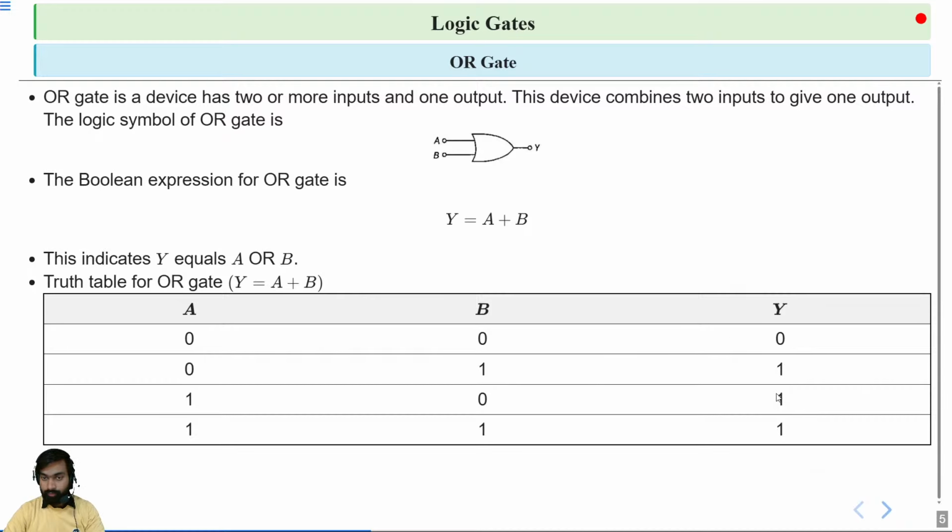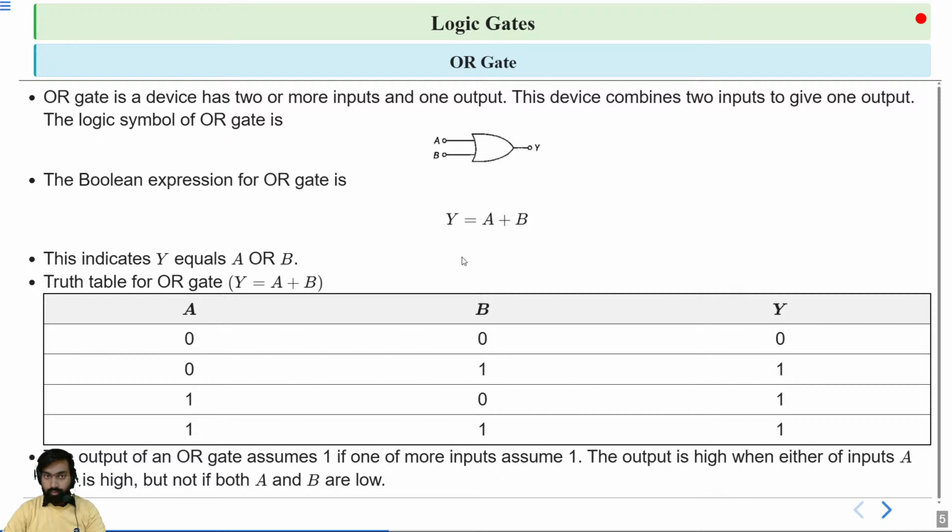Look at this one. So this is all about the OR gate. Here the output of the OR gate is high if any one or more of the inputs are high, and the output is low only when all inputs are low.